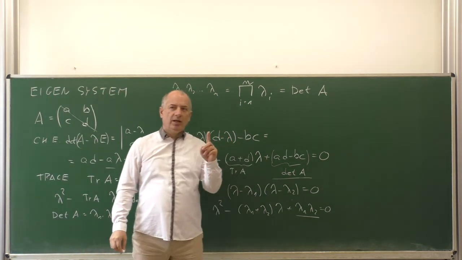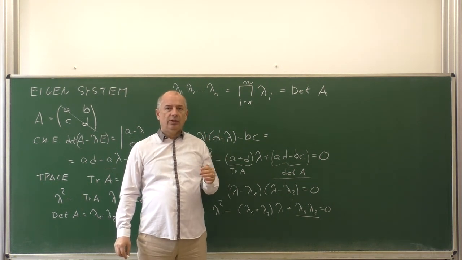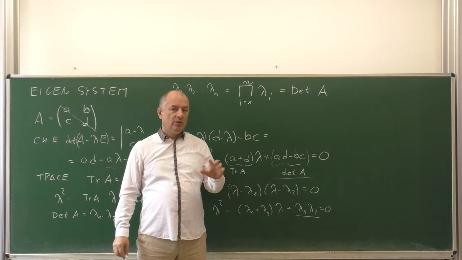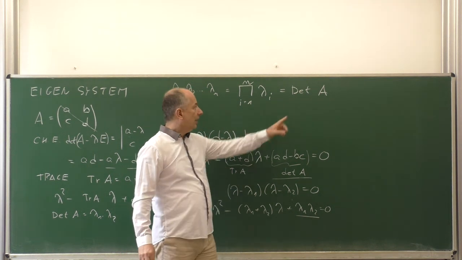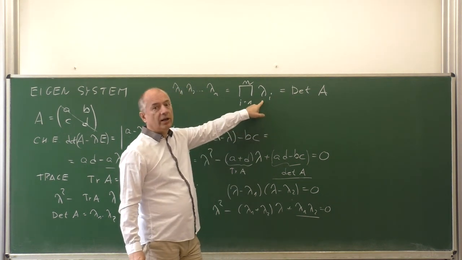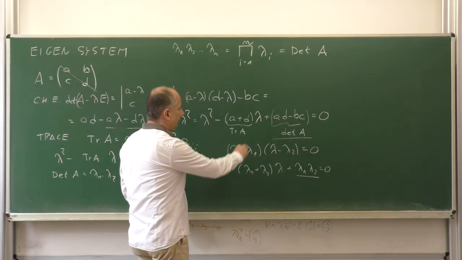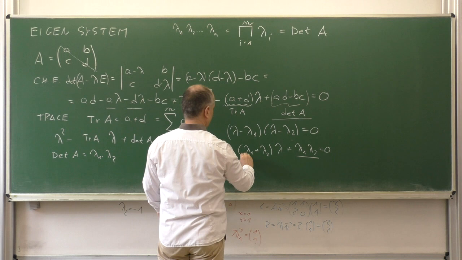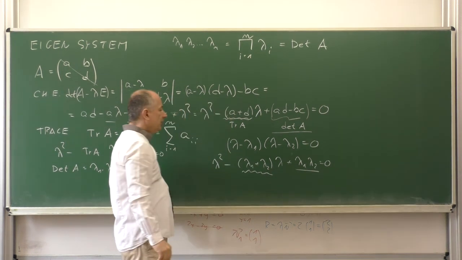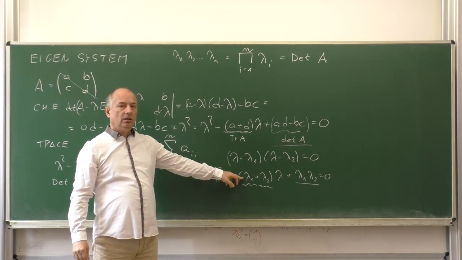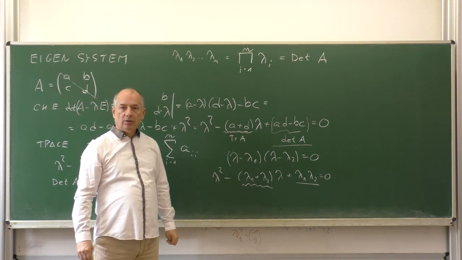Do you remember when we discussed the equivalent statements about the matrix concerning the determinant? The very last statement was that the determinant is different from 0. This is equivalent to the statement that no eigenvalue is equal to 0. And the determinant is not 0 if no eigenvalue is equal to 0. And then when we compare the coefficient at lambda, we see that the sum of the eigenvalues is equal to the trace of the matrix.